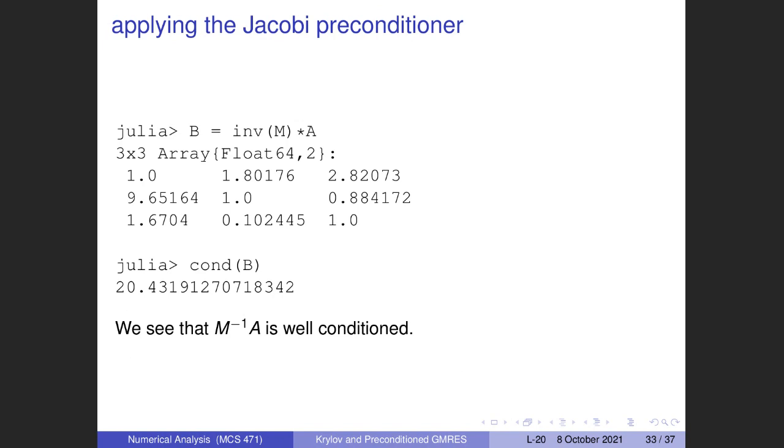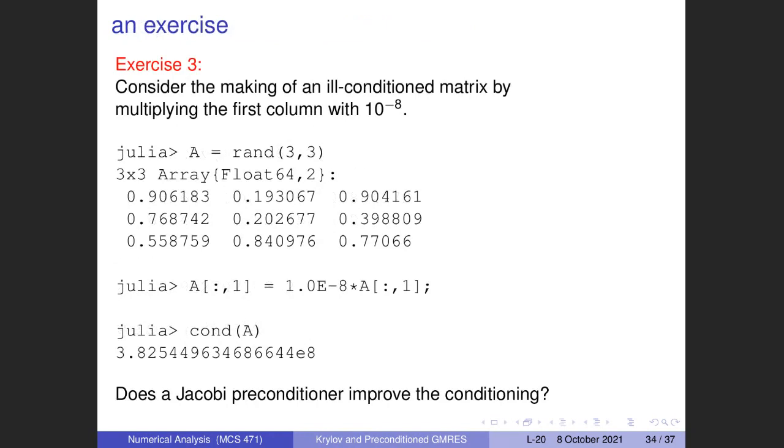Inverting a diagonal matrix is very simple. So we obtain the inverse, the result is B, and we have now a well-conditioned matrix. It's just not as well-conditioned as the original one, but a condition number of 20 is still very, very good. All right, 2 more minutes for the Jacobi, the Gauss-Seidel conditioner.